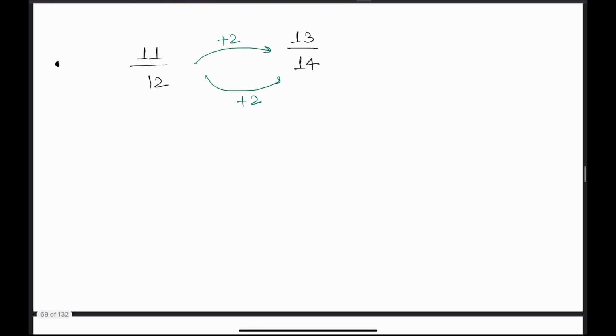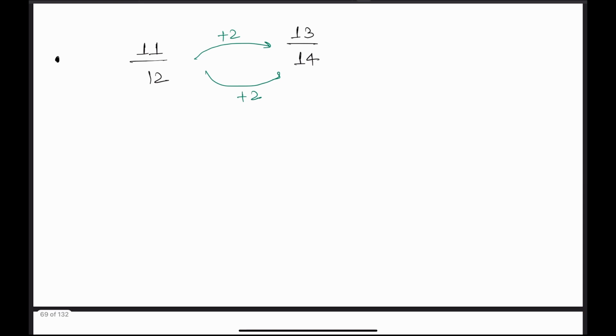So if this is the case, let's find out 11 by 12: is it more than 1 or less than 1? It is obviously less than 1. Let's just write less than 1. 2 by 2 is what? 2 divided by 2 is 1. So can I not say that this is smaller and this is bigger?